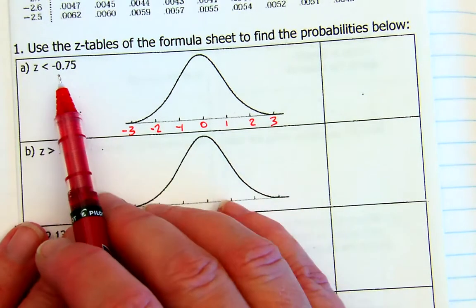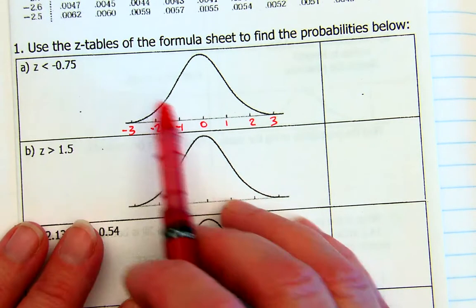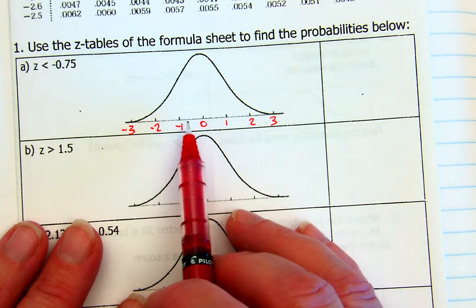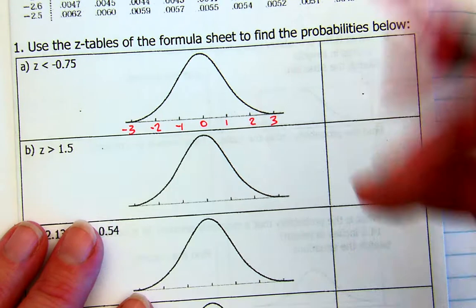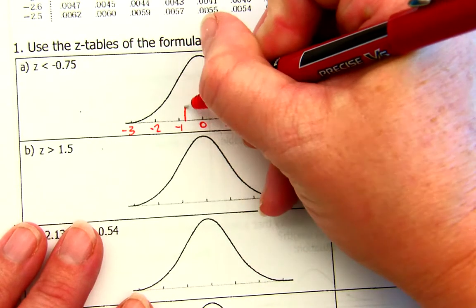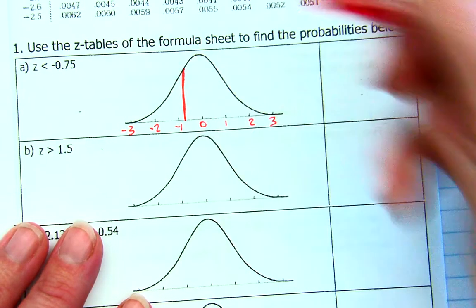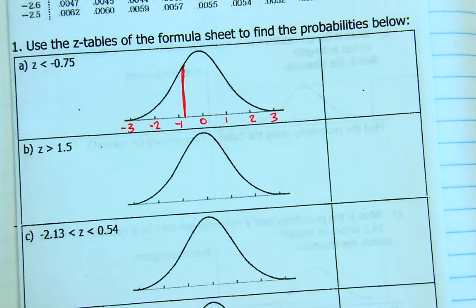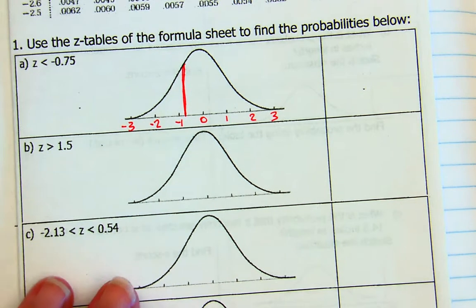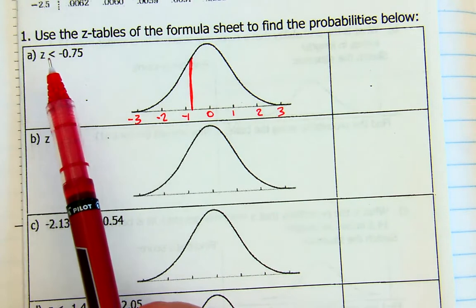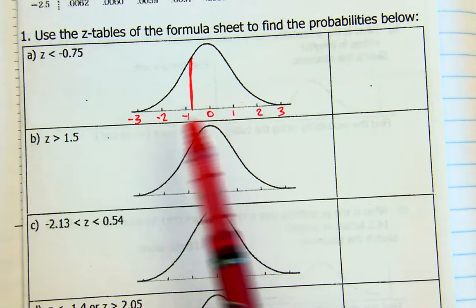So if we're looking at a z-value of negative 0.75, it's going to be between 0 and 1, a little closer to negative 1. So I'm going to draw that right in there. And if I want it less than, it's going to be shaded to the left.